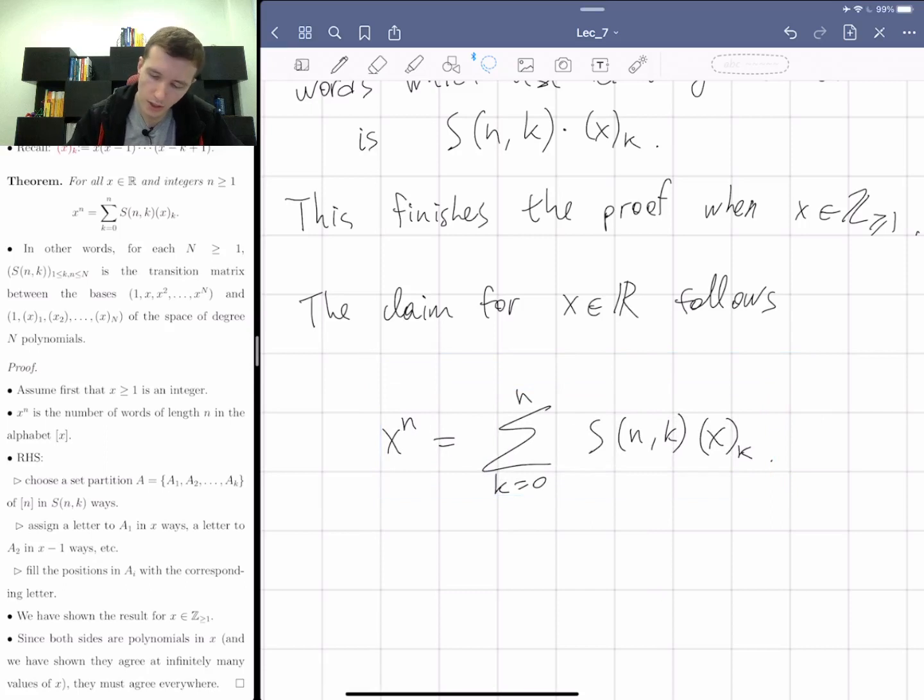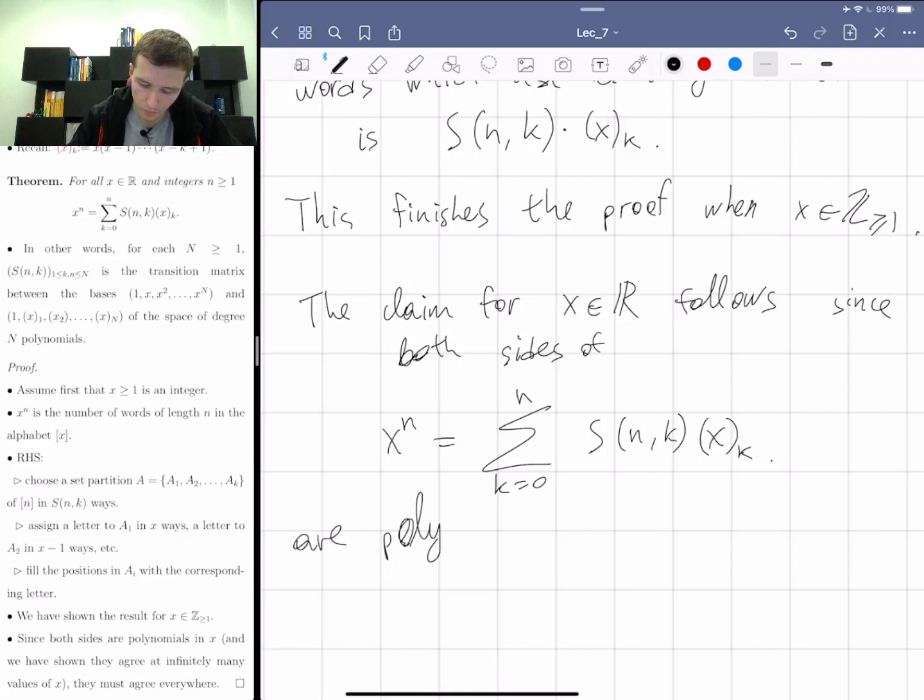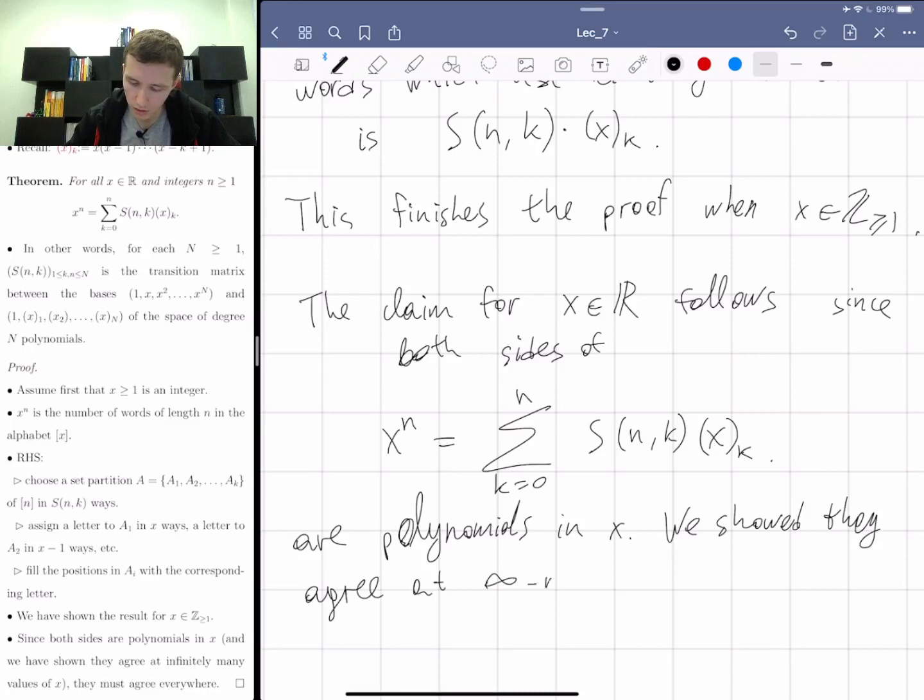The claim follows since both sides of this formula are polynomials in x, and we showed they agree at infinitely many values of x.